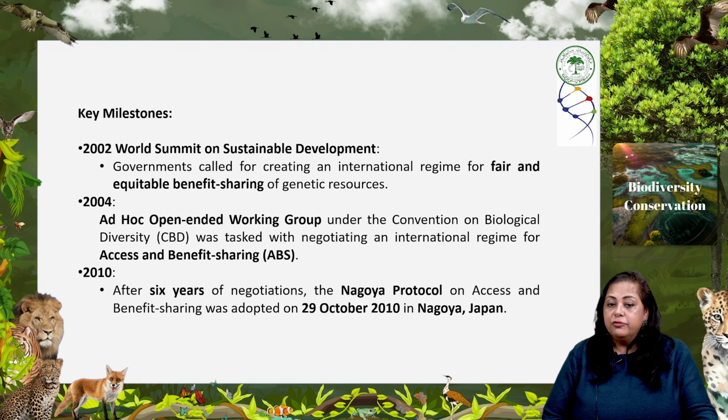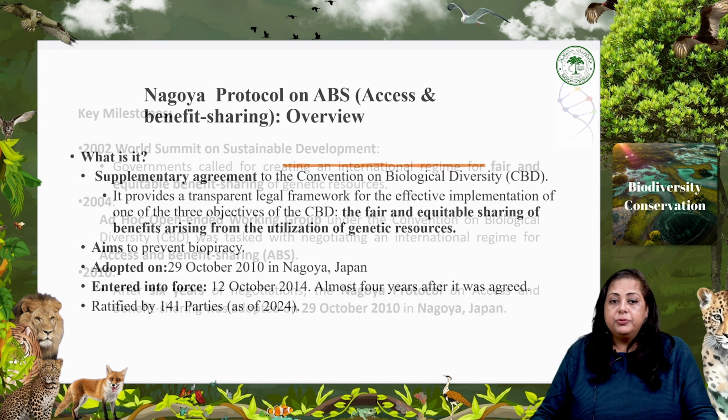After 6 years of negotiation, the Nagoya Protocol on access and benefit sharing was adopted on 29 October 2010 in Nagoya, Japan. So it started in 2002 and finally in 2010 it was adopted.